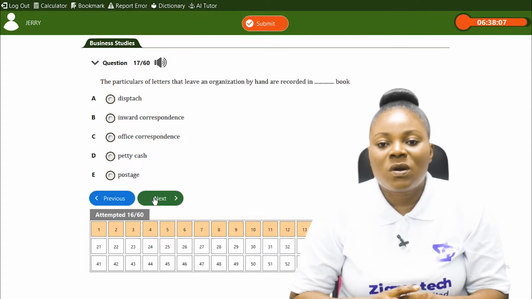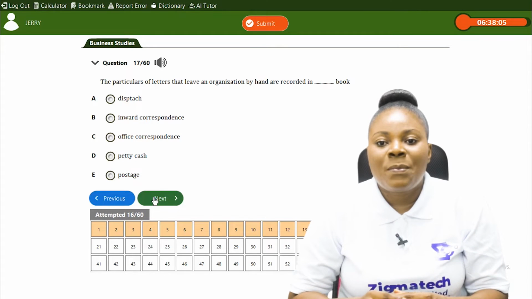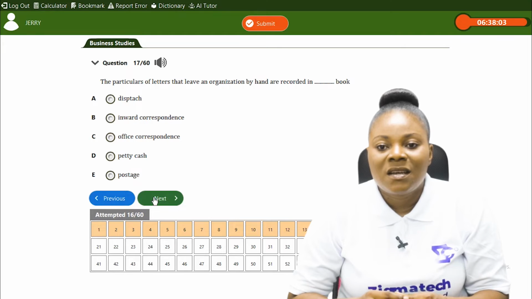The next question, question 17, says, the particulars of letters that leave an organization by hand are recorded in dash book. Is it the dispatch book, or the inward correspondence book, or office correspondence book, or petty cash book, or postage book?